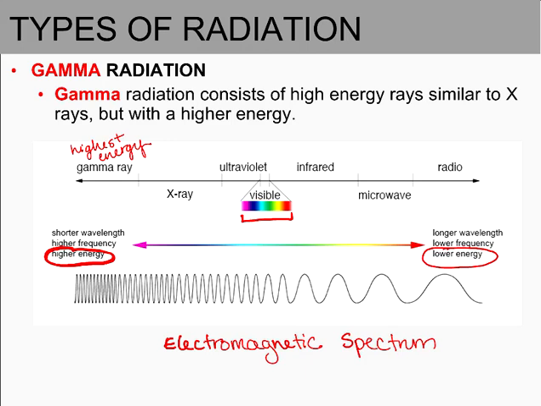If you get X-rays, it's totally harmless as long as they only expose you for like a second. But if you were exposed to X-rays for a really long time, like minutes, then that could become harmful because they are very energetic rays. Gamma rays are even higher in energy than X-rays, so you can imagine that those are even more damaging.